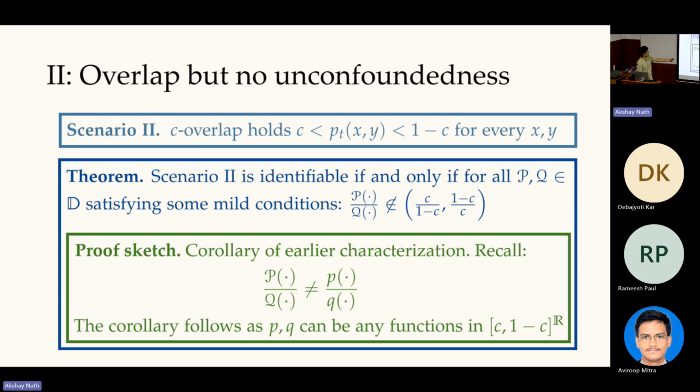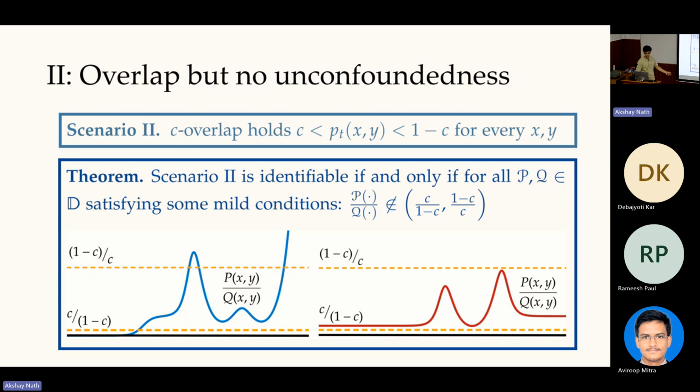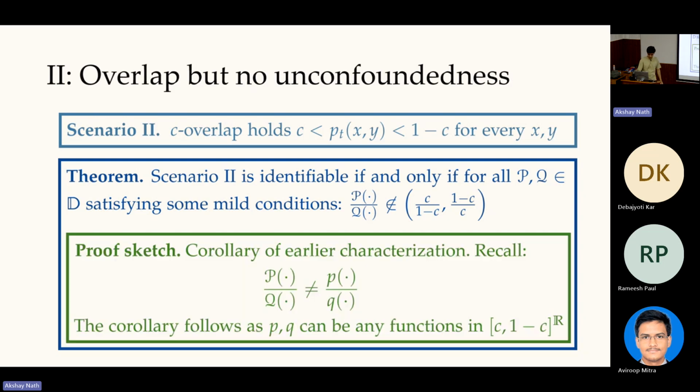And the only thing I've assumed about propensity scores is they're between C and 1 minus C. So to deduce the corollary, the only thing you have to notice is that because P and Q can be any functions with values between C and 1 minus C, arbitrarily varying, I can realize any function in red with P and Q, but I cannot realize any function which exits this interval, because that's too large a value when we have this restriction on the propensity score. So it's a simple derivation.